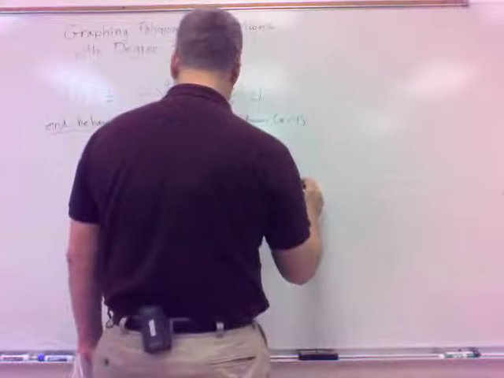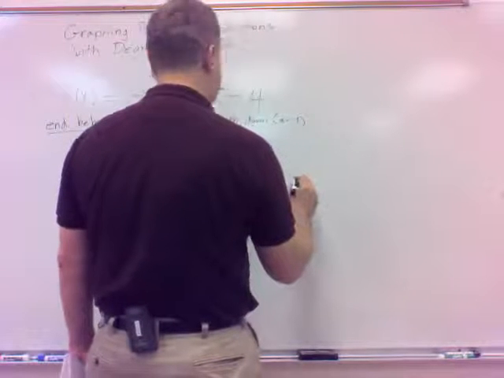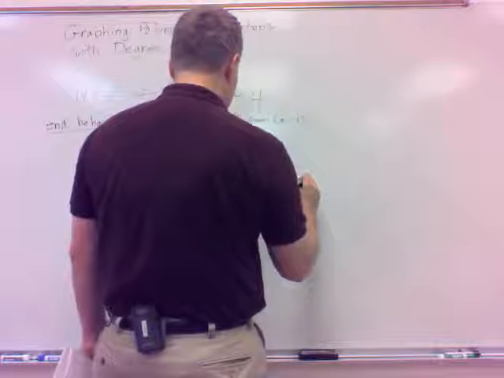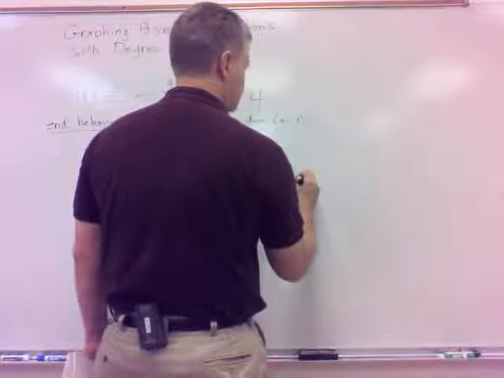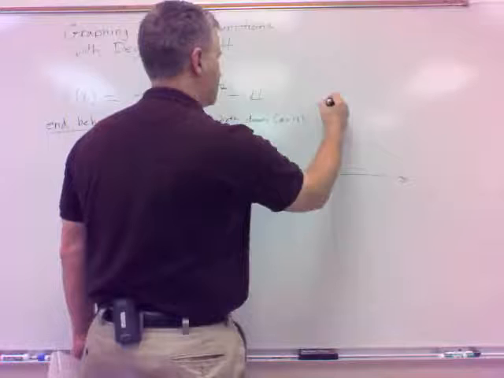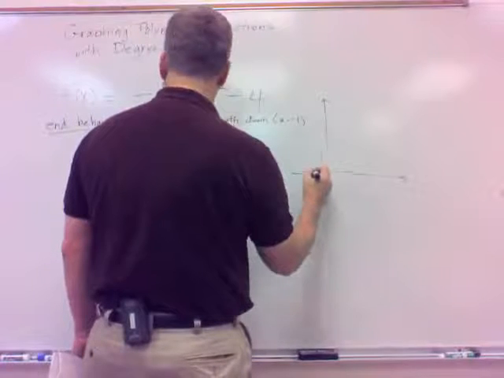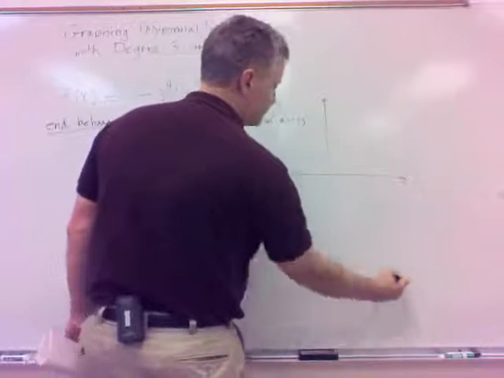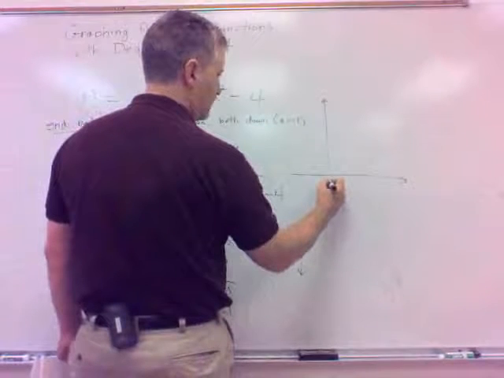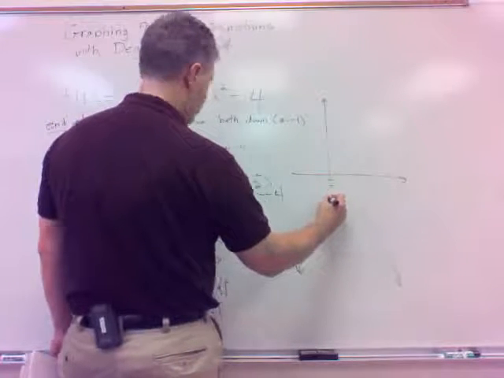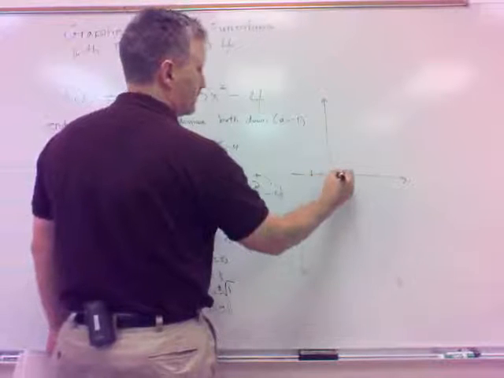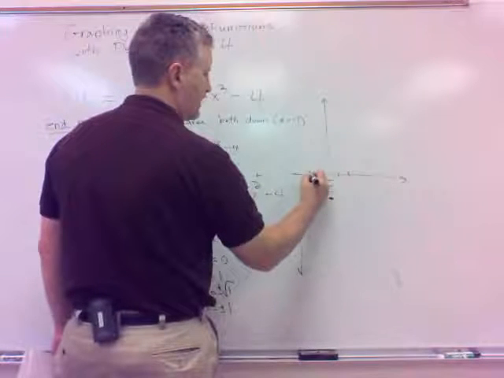All right, so that gives me some intercepts to go graphing with. So we've got both ends down, negative 4 y-intercept, negative 2, positive 2, negative 1, positive 1 x-intercepts.